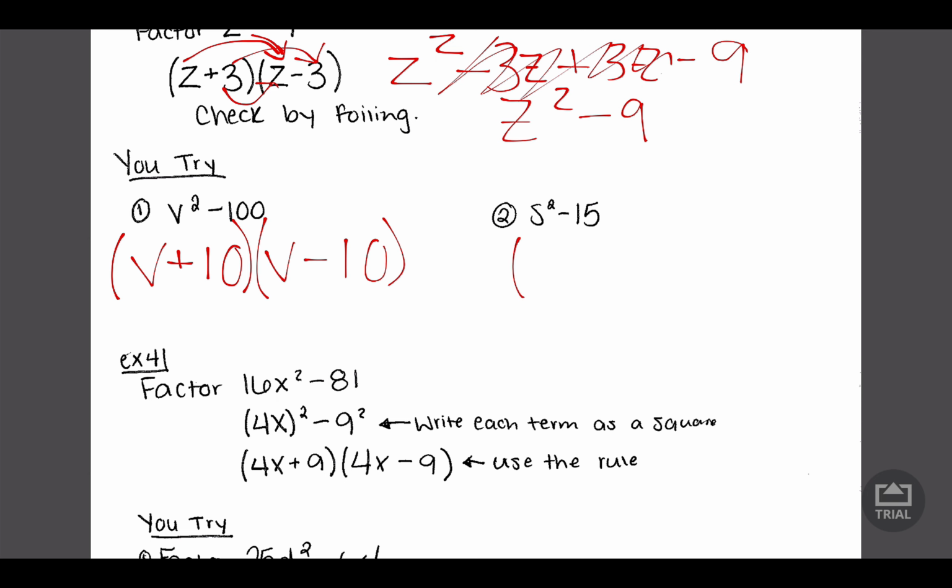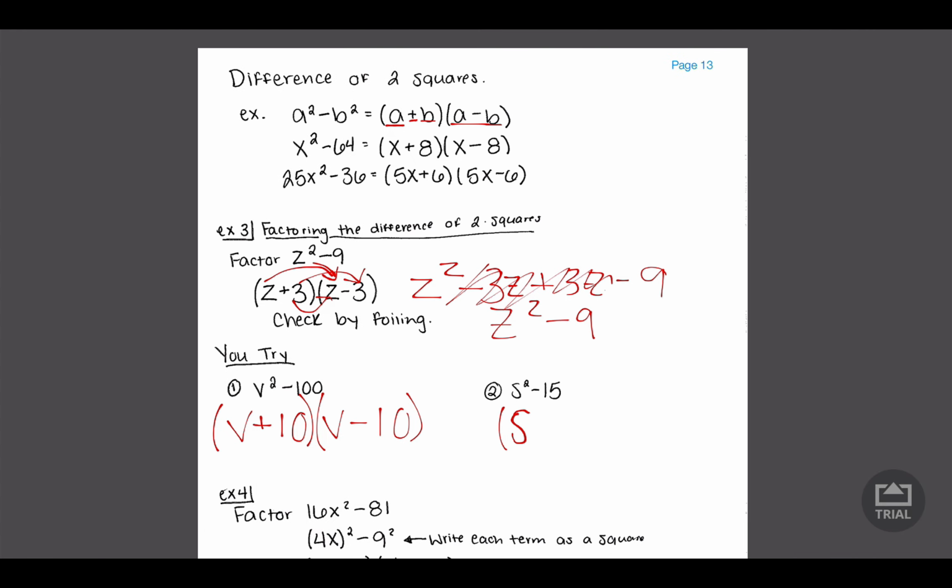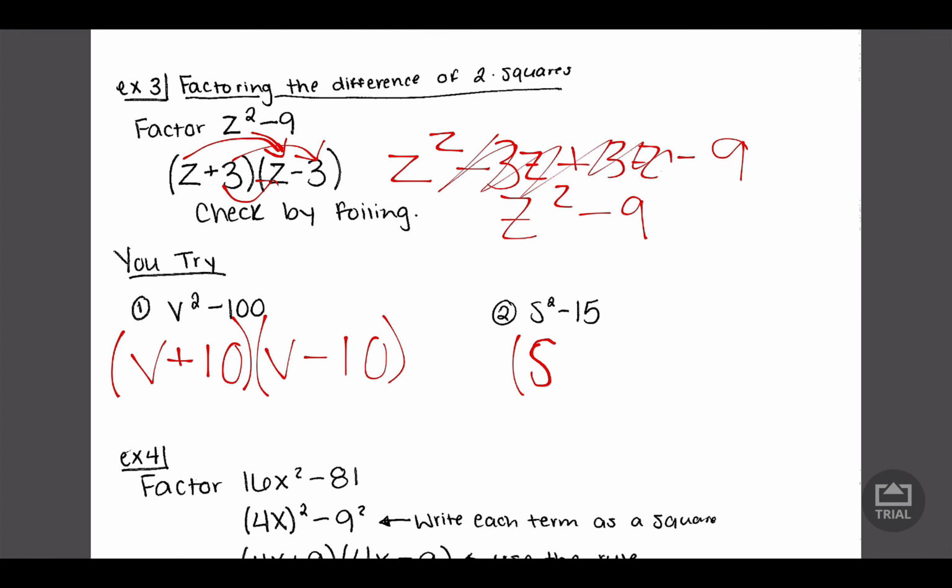The square root of s squared is s. And 15 is not a perfect square. So this one doesn't work. You can't do it that way because 15 is not a perfect square.